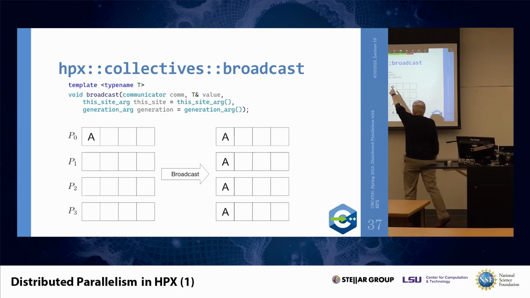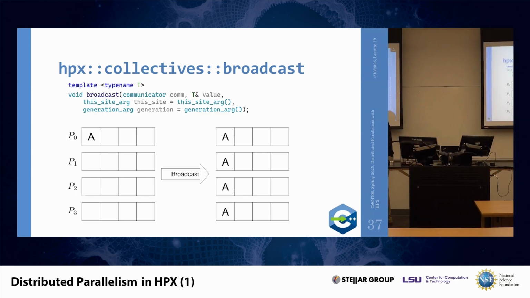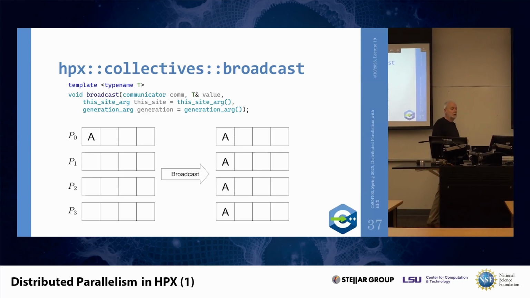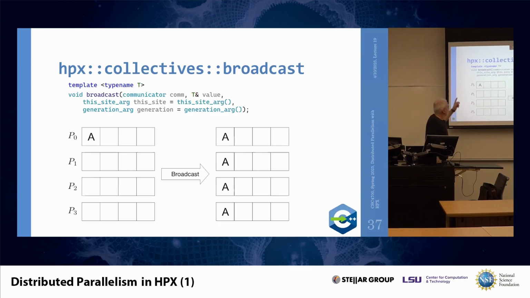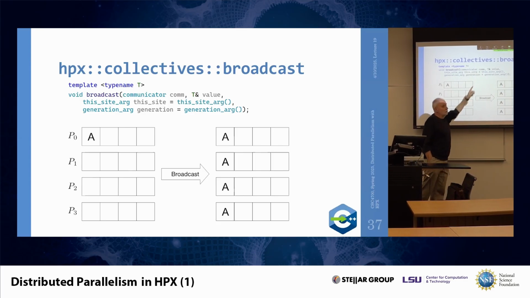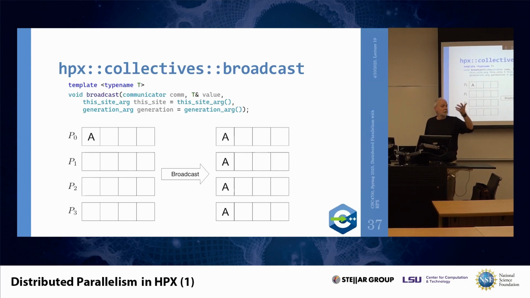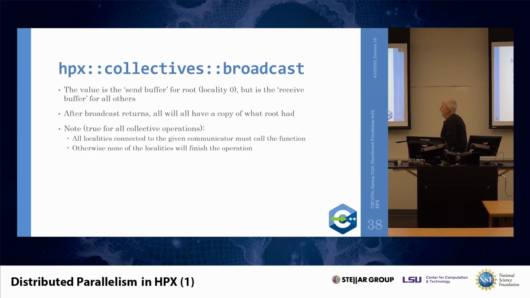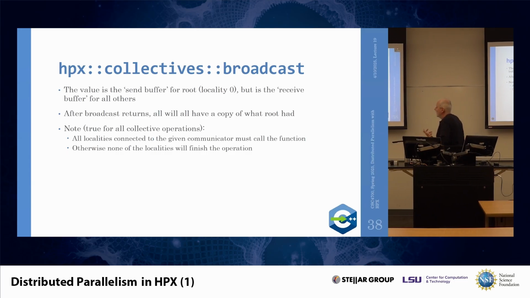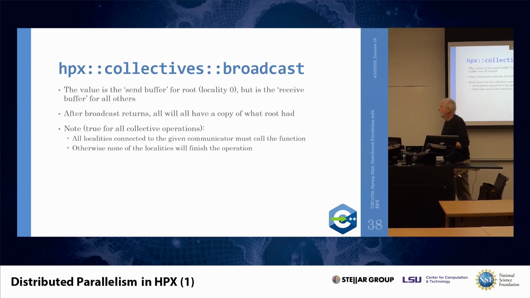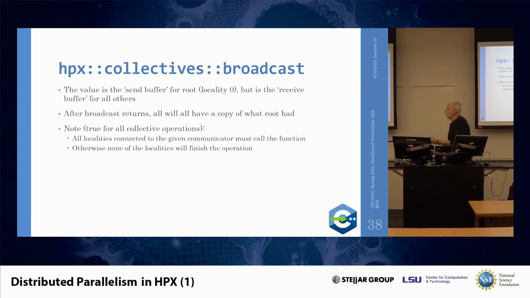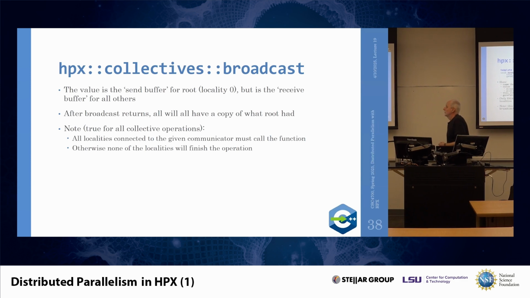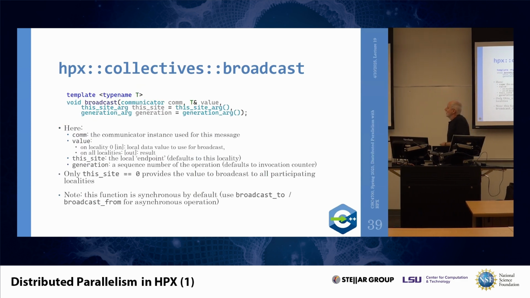Right? It's a reference. So on locality 0, broadcast will actually take the value, and on all other localities, the receiver will put the value into that variable, into that argument. All localities that are part of the communicator must call that function. Otherwise, it will not work. Otherwise, none of the localities will finish the operation.